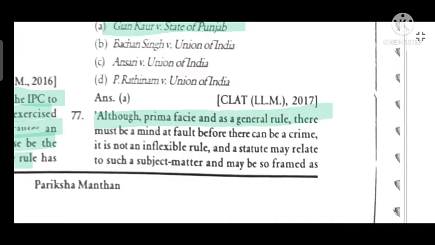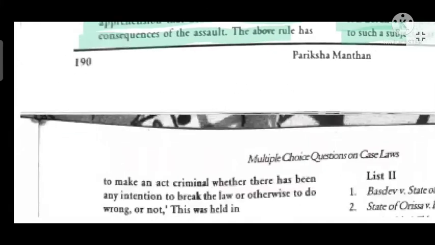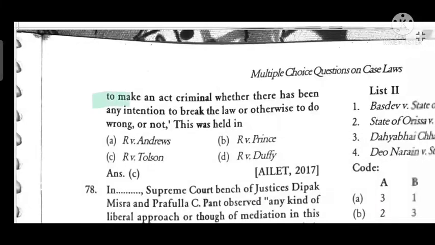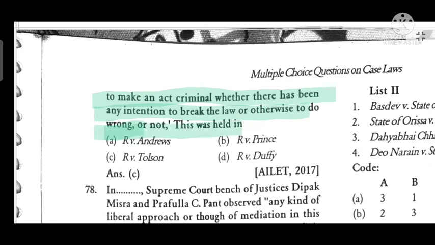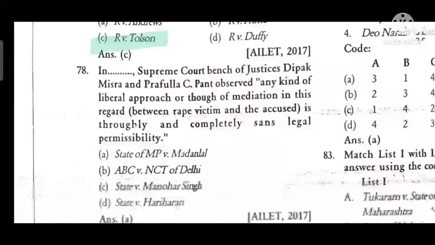Although mens rea is a general rule, there must be a guilty mind in fact before there can be a crime. It is not an inflexible rule, and a statute relating to the subject matter may also be framed so as to make an act criminal whether or not there has been an intention to break the law or otherwise to do wrong. This was held in the case of R versus Tolson.